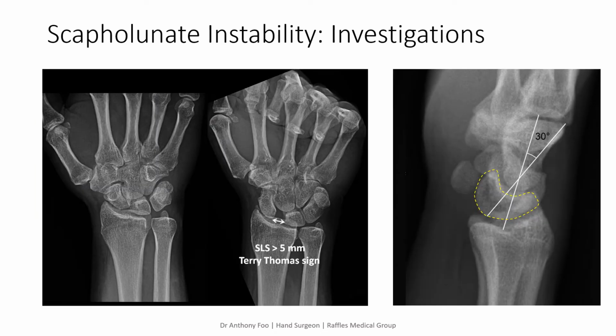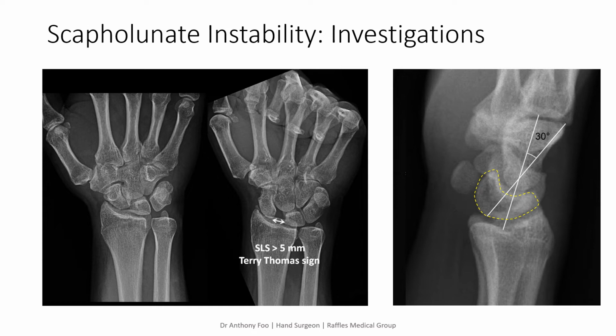The next step in assessing a potential scapholunate instability would be X-rays. The specific X-rays to obtain would be a neutral PA wrist and a PA wrist with a clenched fist. If you note on this series of X-rays on the left, in neutral position, the scapholunate junction appears normal.